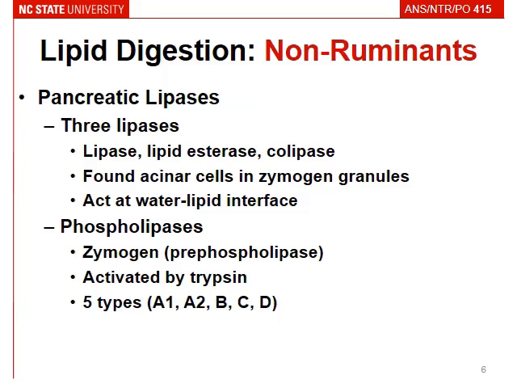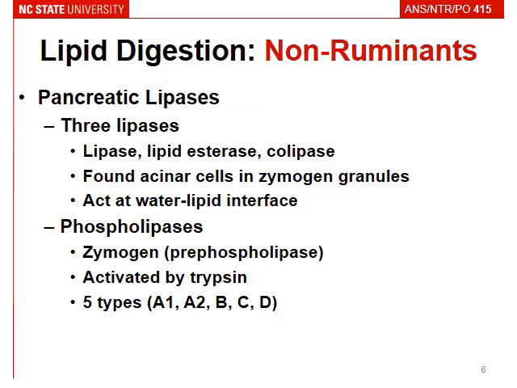Okay, when we leave the stomach, we are reliant on our pancreatic lipases. Our lipids leave the stomach and enter the duodenum, and we get the release of CCK and secretin, which cause the pancreas to release its juices. In addition to all the enzymes that the pancreas releases to digest proteins, it's also releasing lipases to help digest lipid.